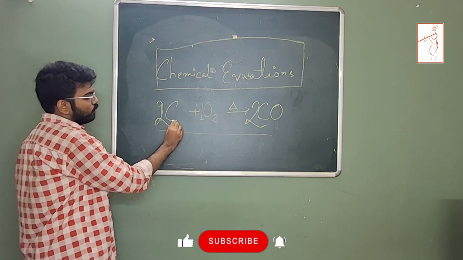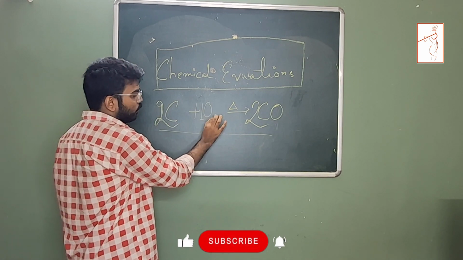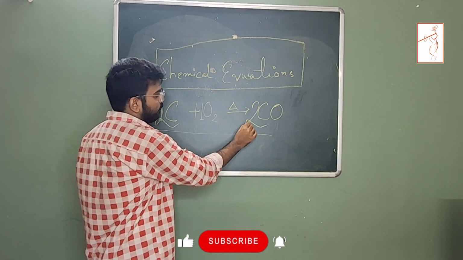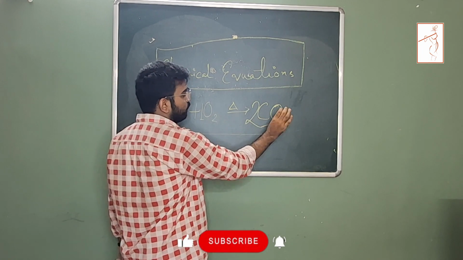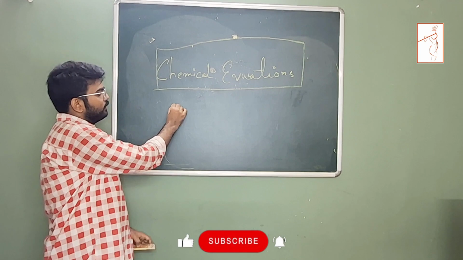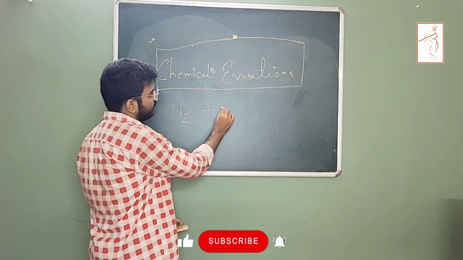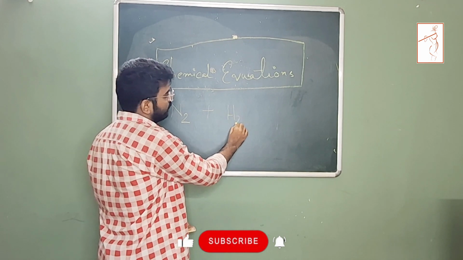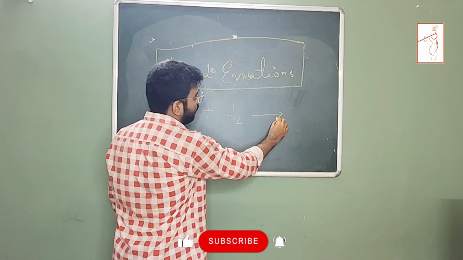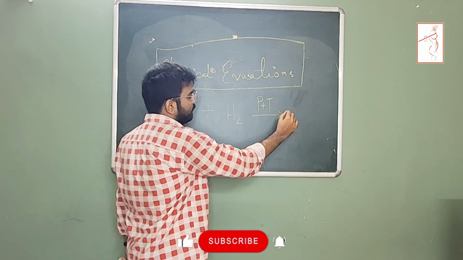So 2 moles of carbon react with 1 mole of oxygen, giving 2 moles of carbon monoxide. Clear?